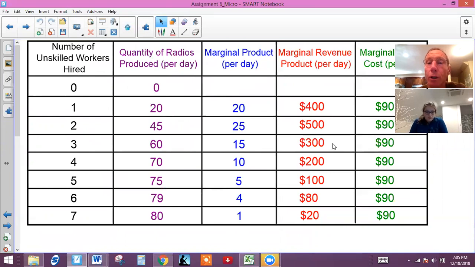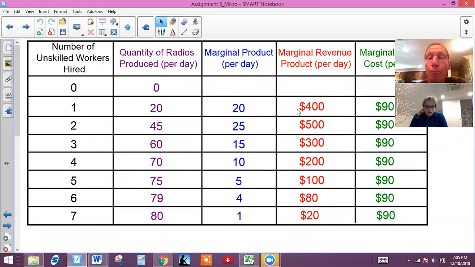And if you're given the price, then you should be able to compute a marginal revenue product, because that's just marginal product times price. So anyway, if you understand what I did in the assignment problems, then you won't have any problem with any of the multiple choice questions that show you tables like this one that may have partial information. I mean, it's not going to have everything in here, but you should be able to figure out what you need from what you have.